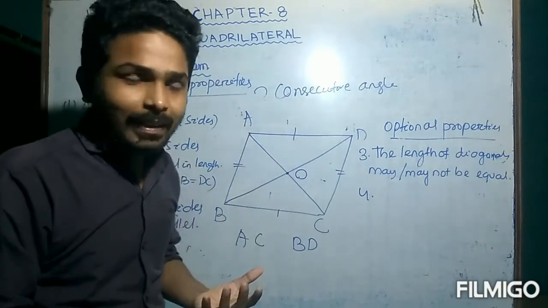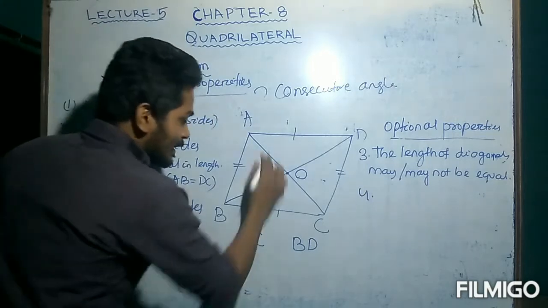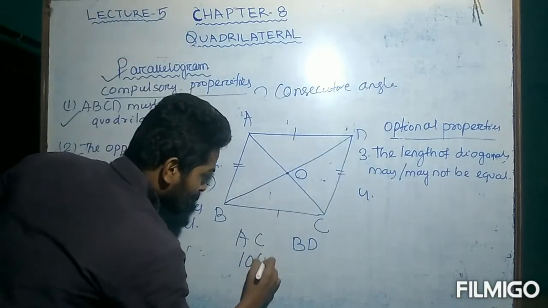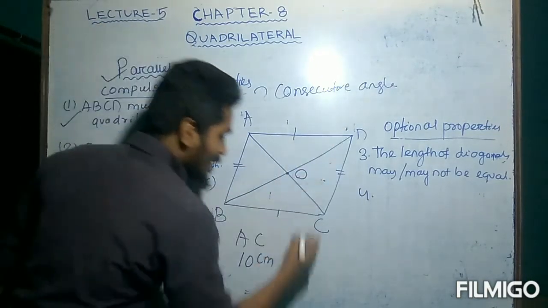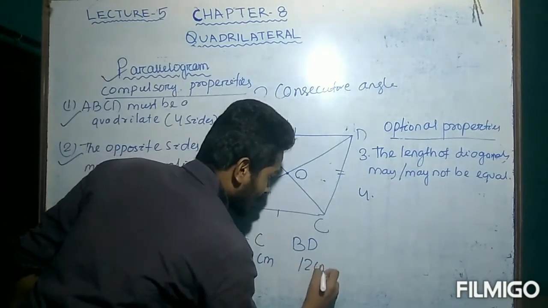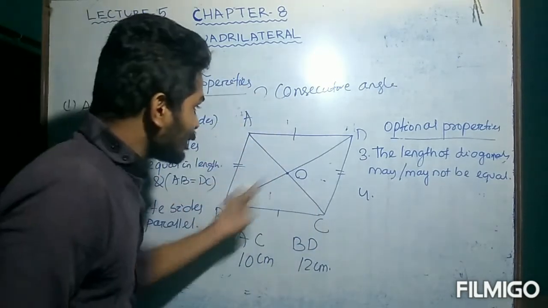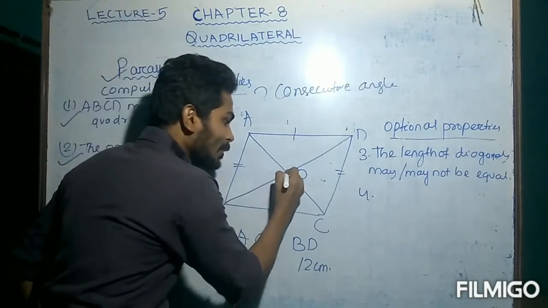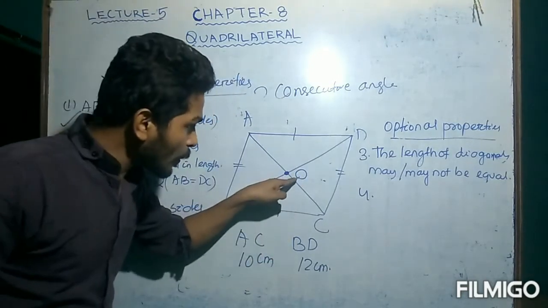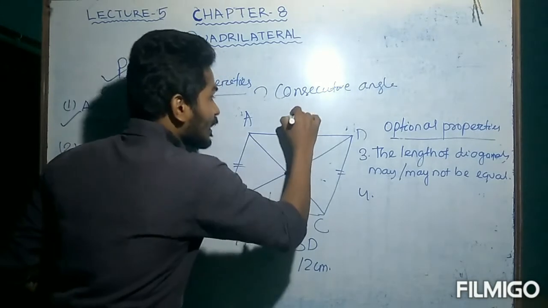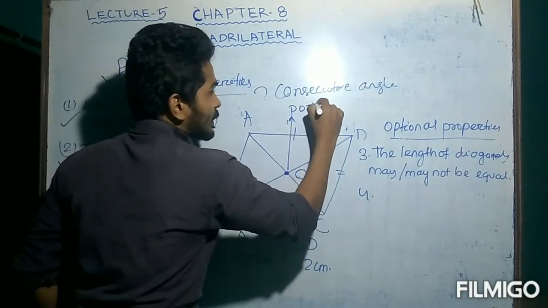It means what? Let's understand it. Suppose AC is 10 centimeters. Suppose BD is 12 centimeters. Now AC and BD meet each other at a common point. Let's say this is point O, also known as the point of intersection.